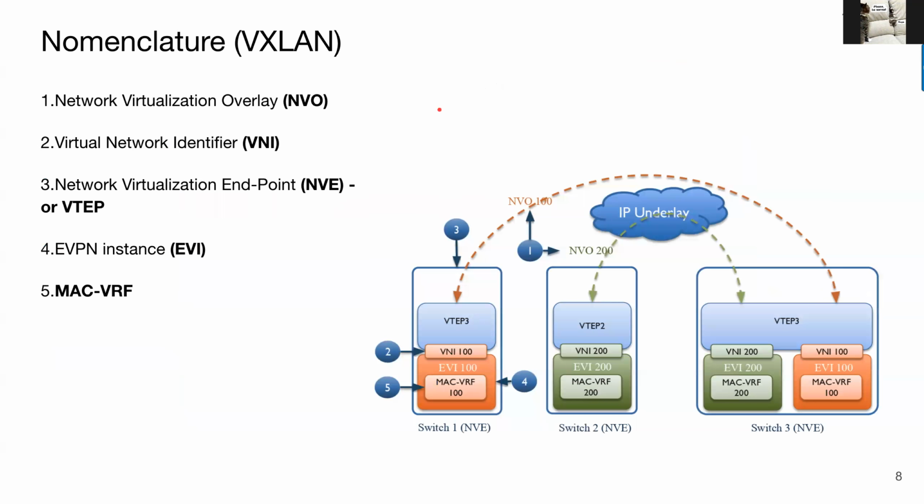For the nomenclature, I'll point out the important ones. You already are very familiar with VNIs, or virtual network identifiers. I wouldn't worry about the network virtualization overlay or the network virtualization endpoint. We all pretty much call it a VTEP. We will look at some EVPN instances.